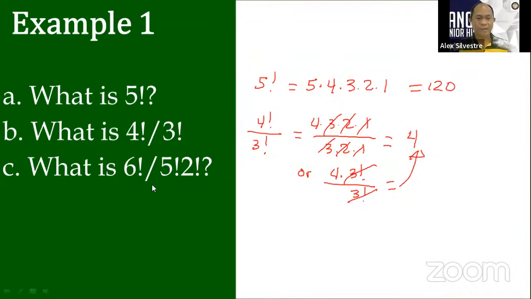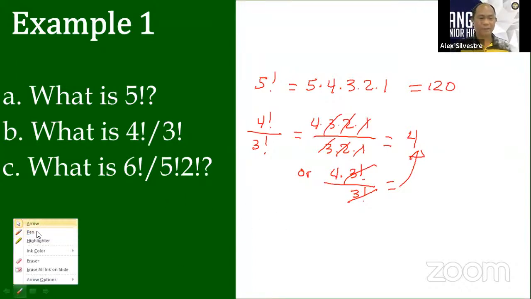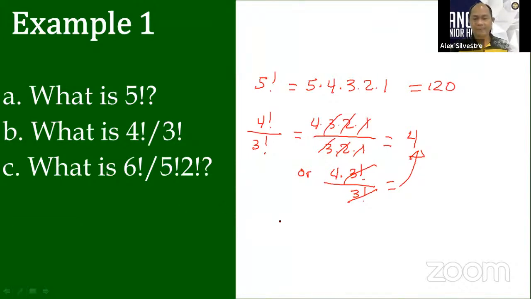Now, we have here our given: 6 factorial divided by, wherein that is 5 factorial at the same time 2 factorial in the denominator. So that is what we have in the denominator. If you have to solve letter C, 6 factorial will be in the numerator, while the denominator will be 5 factorial times 2 factorial.